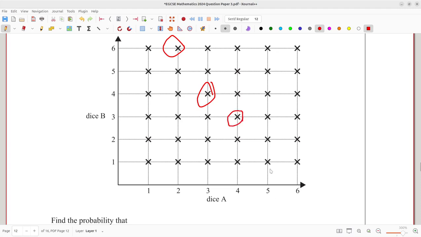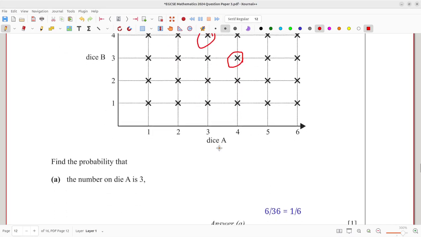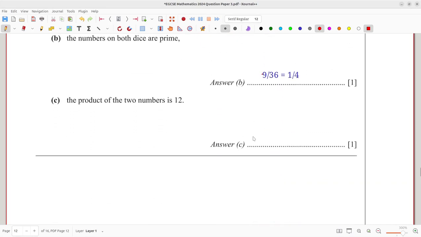Then 5 cannot. 6 can be multiplied by 2. 5, no. So it's actually 3 on 36, and this is divided by 3. That's 1 over 12.